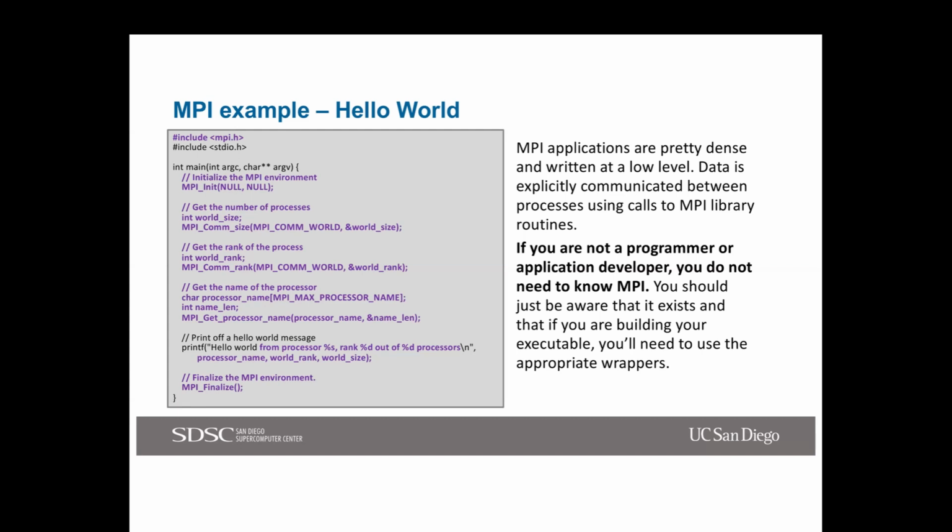So one of the things that might be useful to mention here is the term rank. Every MPI process that starts up in the application is given a rank. So it's basically the ID of the process, right? If I have an application, say this hello world application, you can run it on your laptop. If you have 4 CPU cores, you can run this MPI application with 4 processes.